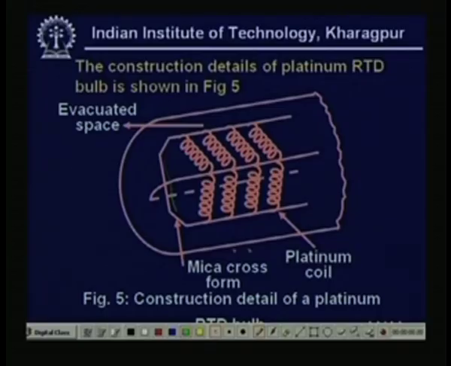If you put it inside a sheath and the temperature changes rapidly, I cannot measure it with this type of equipment. In that case I will simply use something else. So, it is not used for dynamic measurements; it is used for steady state measurements or very slowly varying temperature measurements.